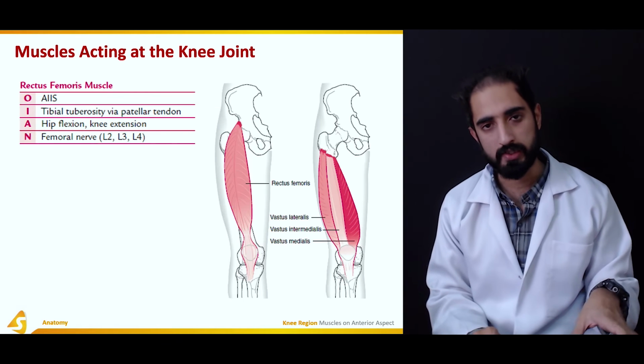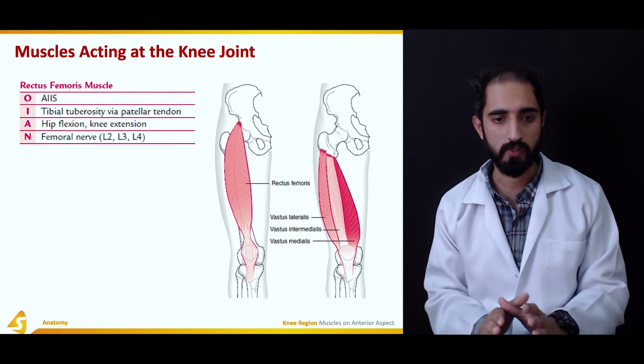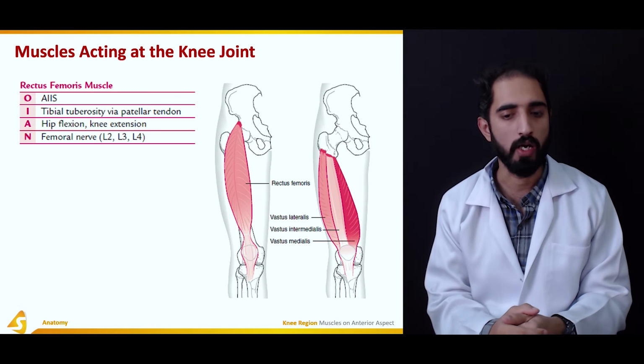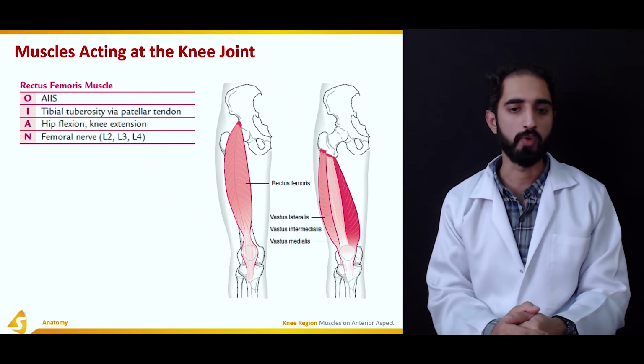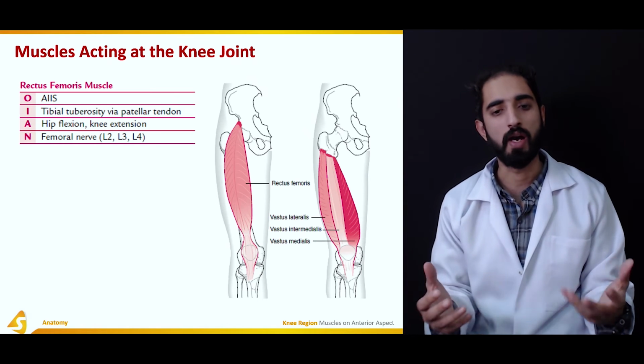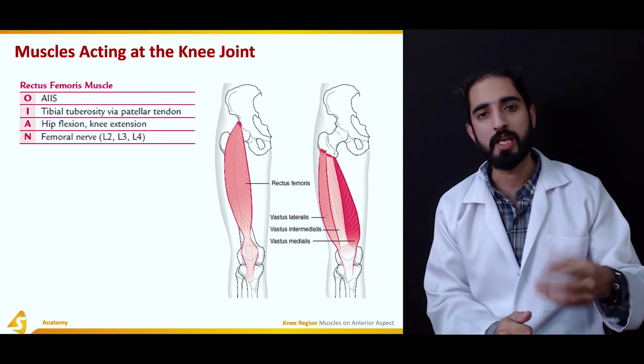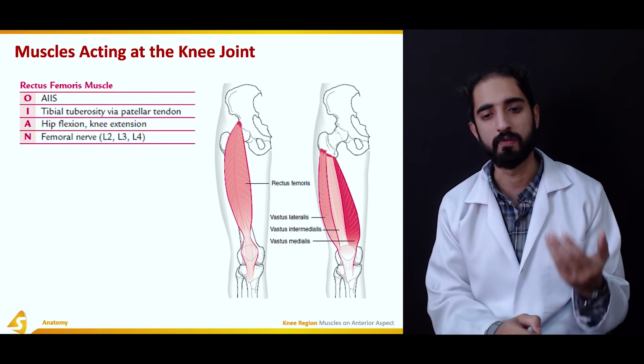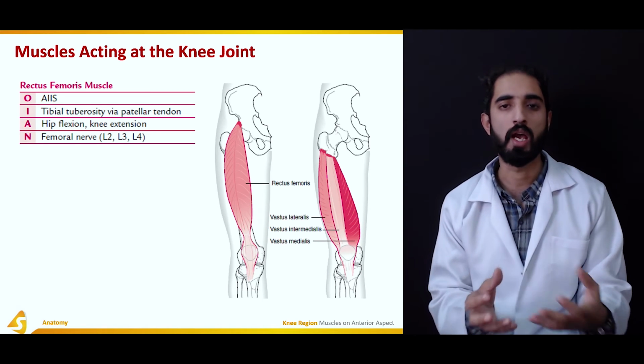Talking about the knee extensors, first of all, the rectus femoris. All of these muscles have a common insertion point, which is on the tibial tuberosity via the patellar tendon. We can repeat this for all of these muscles because all of them have the same distal attachment site or insertion.